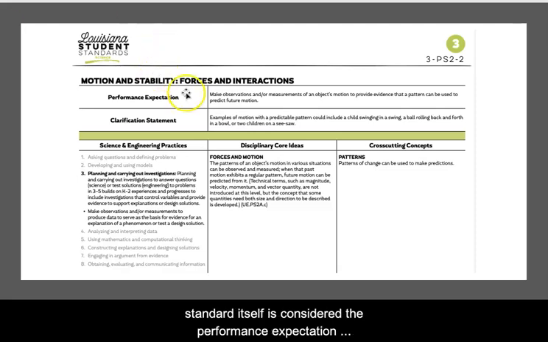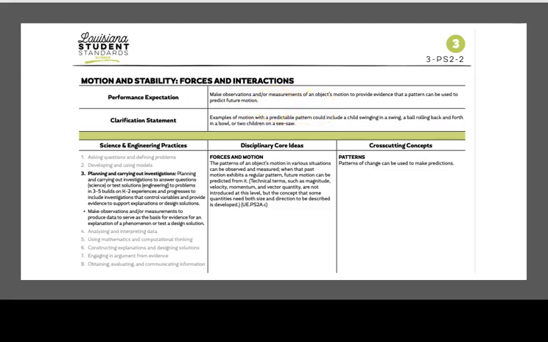You will see the standard itself is considered the performance expectation, and that's where they're going to make observations and or measurements of an object's motion to provide evidence that a pattern can be used to predict future motion. Now, as an elementary school teacher, you have to be a subject matter expert in ELA, math, science, and social studies.